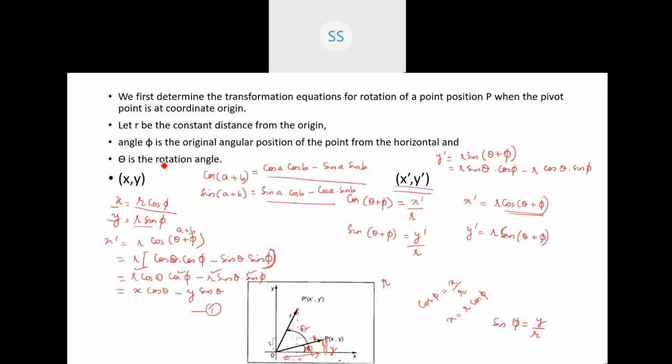Now I know r cos phi is x and r sin phi is y, so I can write my y dash is equal to x sin theta plus y cos theta. I hope this much is clear with everyone.